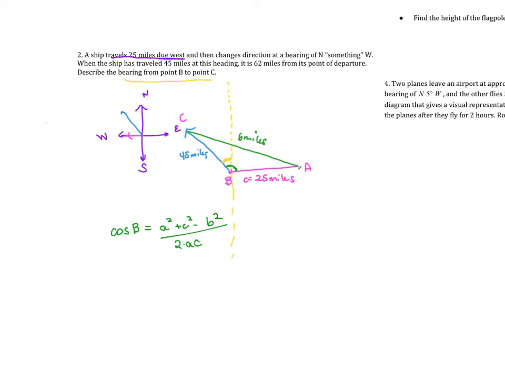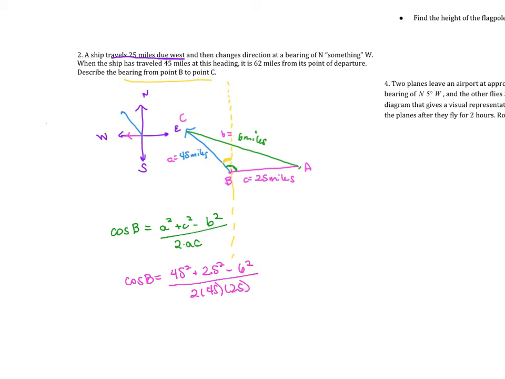So let's label our sides. C is opposite of angle C, A is opposite of angle A, and B is opposite of angle B. And let's fill it in. Cosine of B is 45 squared plus 25 squared minus 62 squared, all over 2 times 45 times 25. Then you plug it all in your calculator.